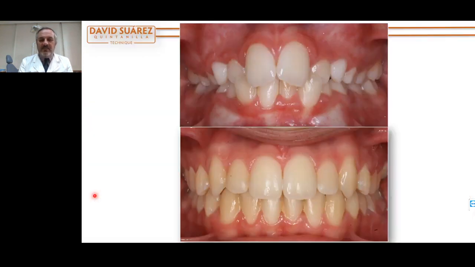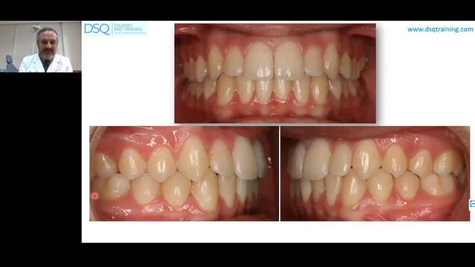This is a very simple treatment, but you can see the effect of this very simple treatment on the smile design of this patient. For this reason the orthodontist is the most important element in the smile design of the patient.